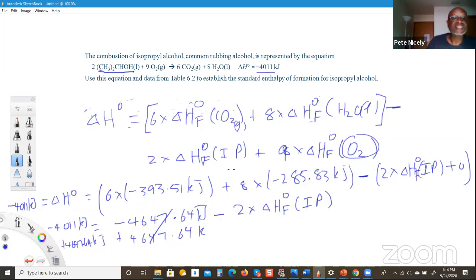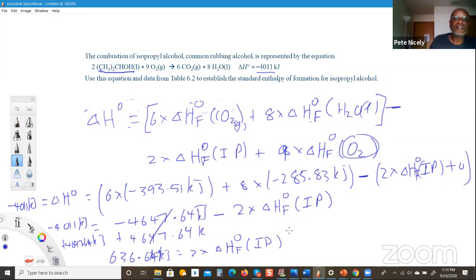And the answer I got here is 636.64. So you're going to end up with 636.64 kilojoules equals 2 times the enthalpy of formation of isopropyl alcohol.